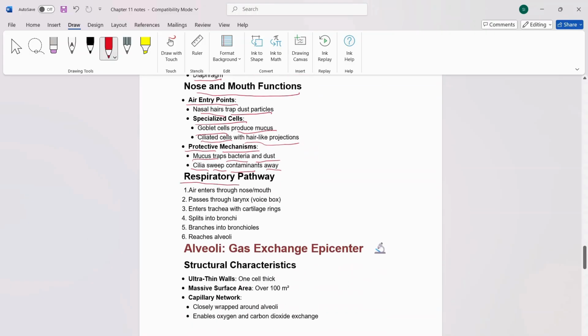Alright, now respiratory pathway. Air enters through nose and mouth, passes through larynx, the voice box, enters trachea with cartilage rings, splits into bronchi, branches into bronchioles, and then reaches alveoli. Alveoli, gas exchange epicenter.